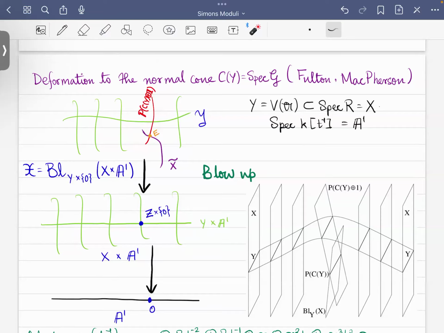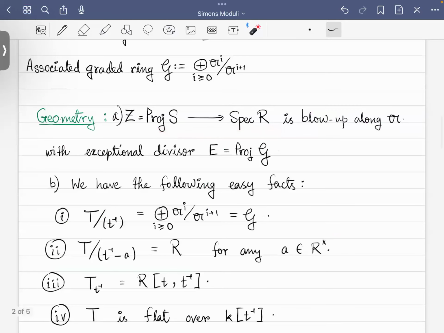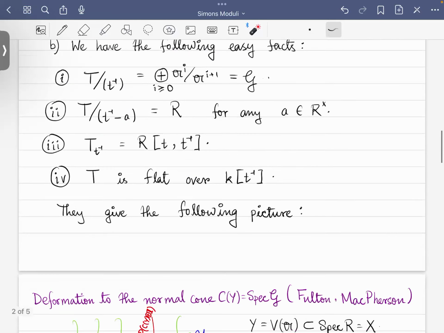One of them is the strict transform of X under this blow up, and the other one is this P(C_Y ⊕ 1). This is the exceptional divisor of this big blow up, and they are glued along the exceptional divisor of the small blow up, meaning this, or basically Proj G.